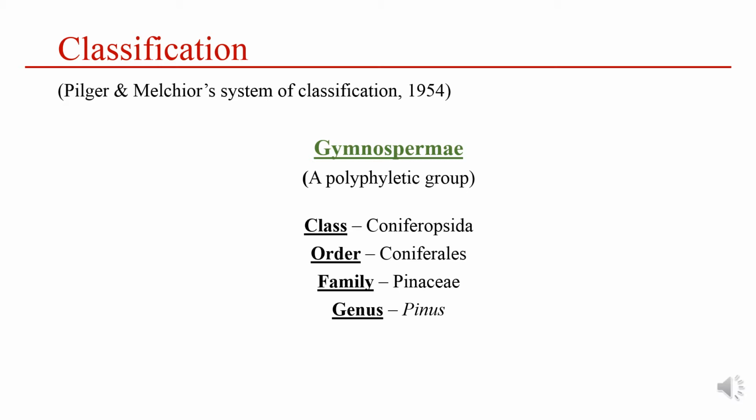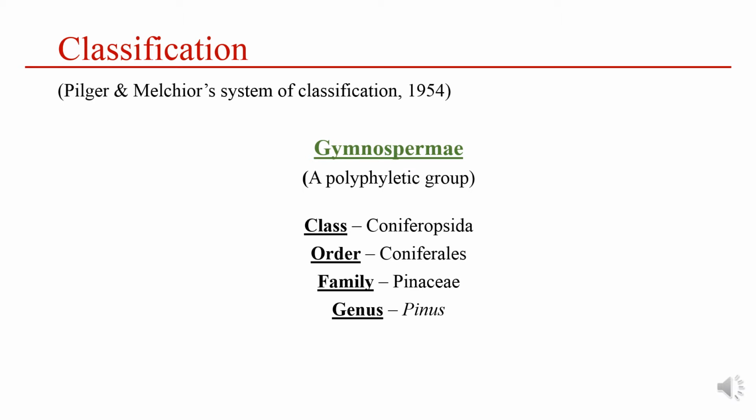Here, the classification system followed is that of Pilger and Melchior system given in 1954. They considered gymnosperm as a polyphyletic group of organisms, which means a group of organisms derived from more than one common ancestors.